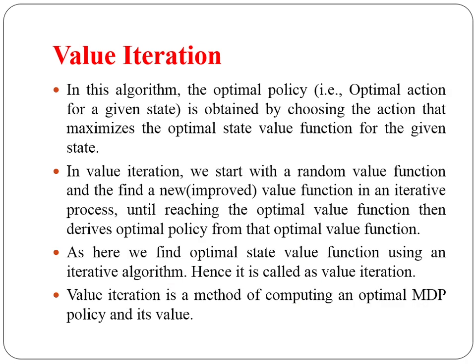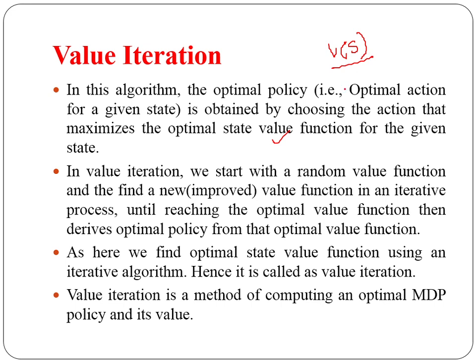Based on that optimal action, you will get the optimal policy. How will that optimal action be selected? By the state value function. For each state you have to find the optimal value function, that is V of S. By calculating this optimal value, I can know which action has to be selected.